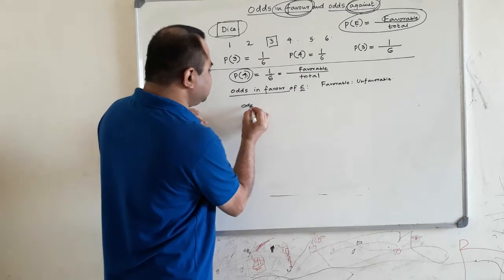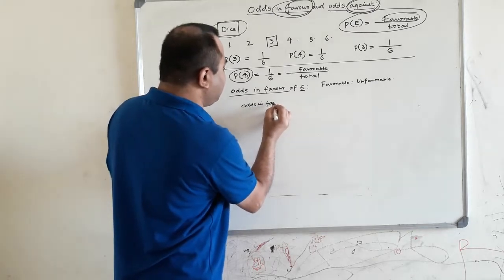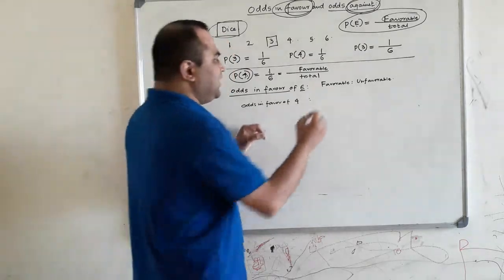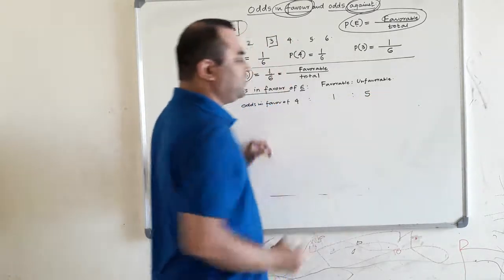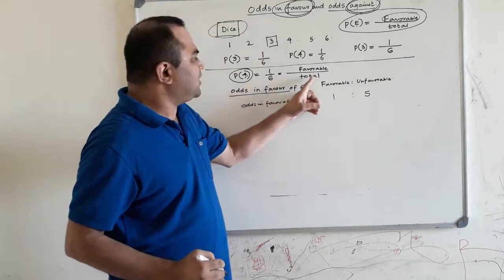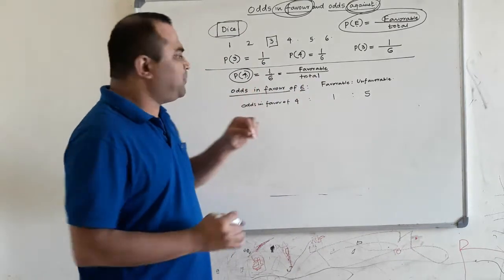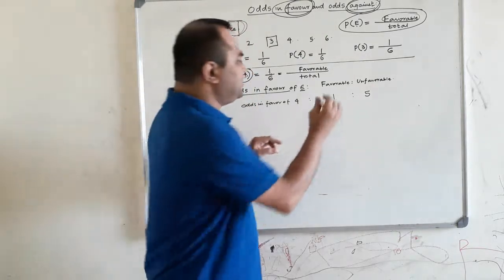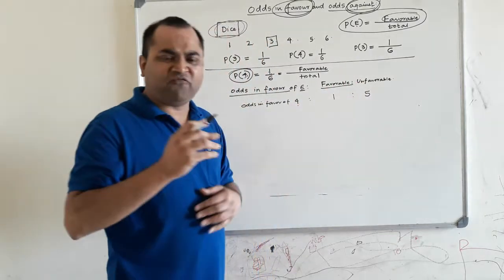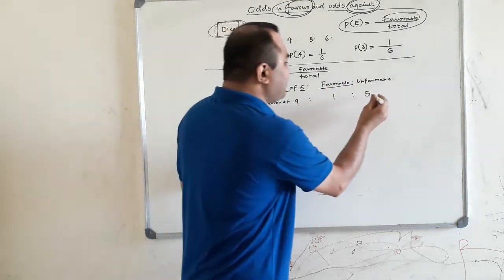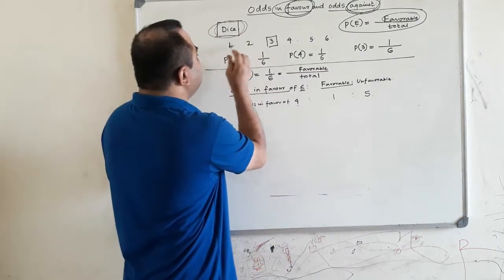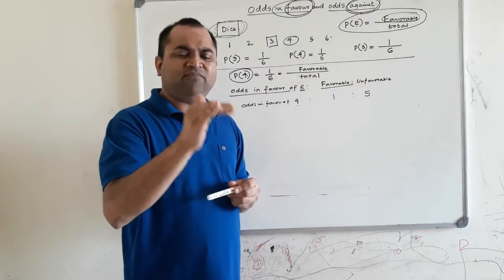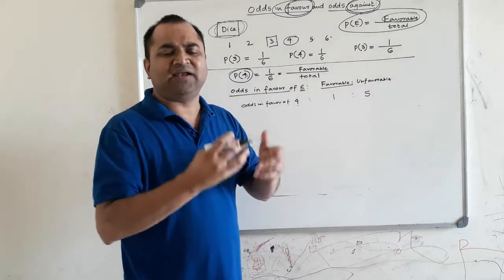So now odds in favor of number 4 appearing after a dice is rolled is 1:5. That is, out of 6 outcomes in total for the experiment of rolling a dice, there is one outcome which is favorable for the number 4 to appear, and there are 5 other numbers, namely 1, 2, 3, 5, 6, other than 4, which are against the occurrence of number 4 when the dice is rolled.